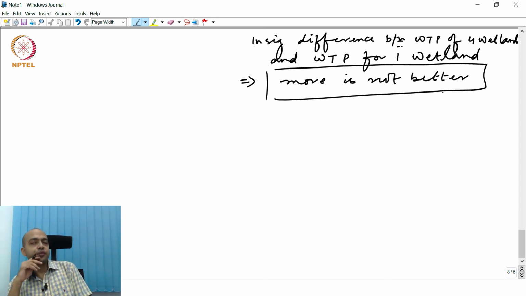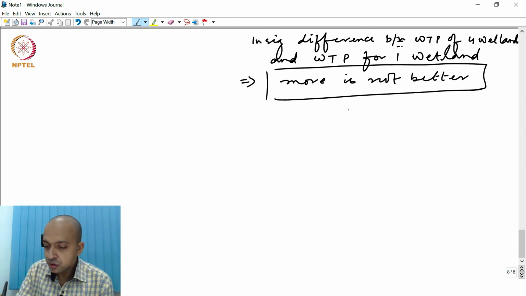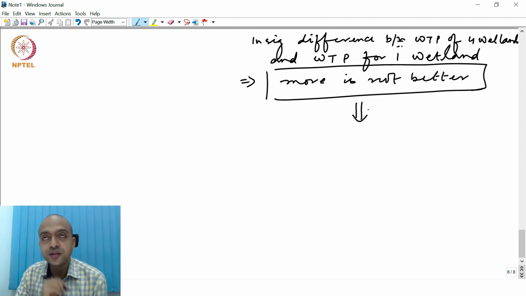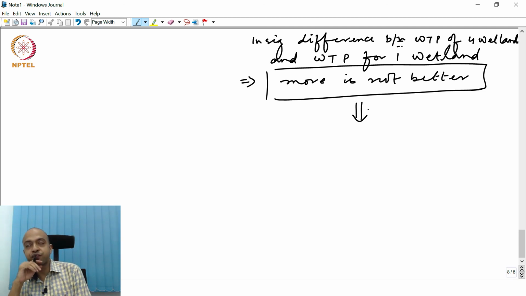But more is better is the assumption that we make about the individual's preference or utility function to derive this type of utility measures. So when this is violated, we can say that individuals' willingness to pay is not coming from the standard preference that we have assumed earlier.